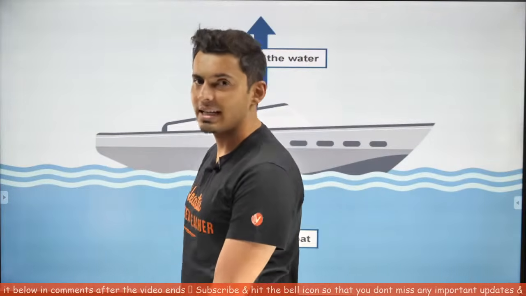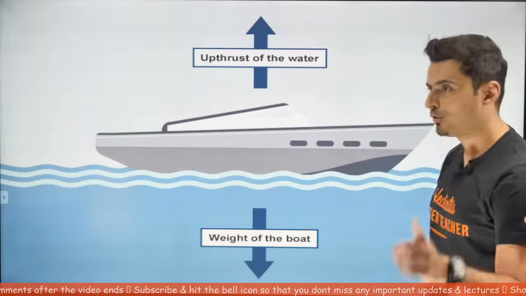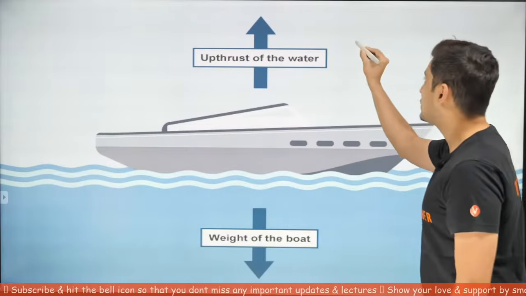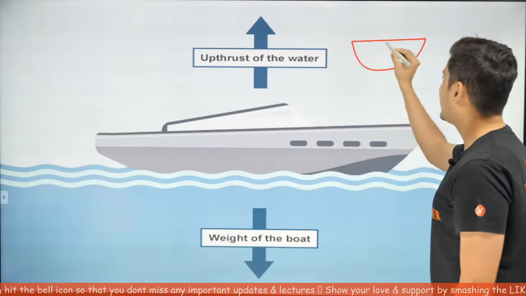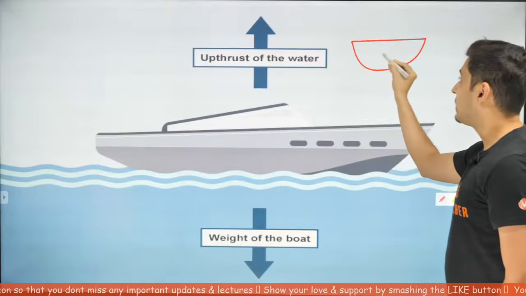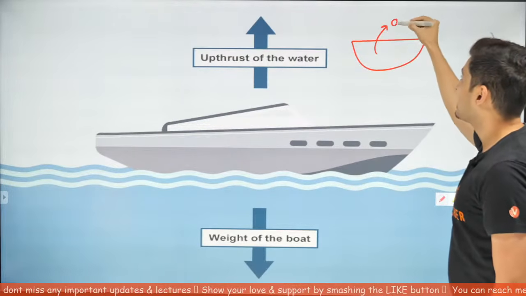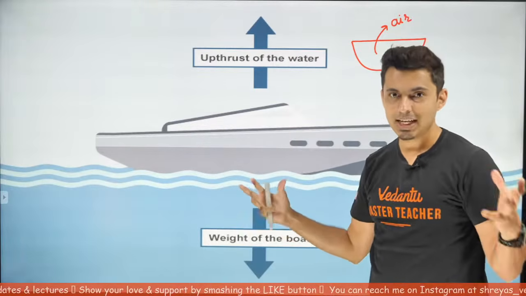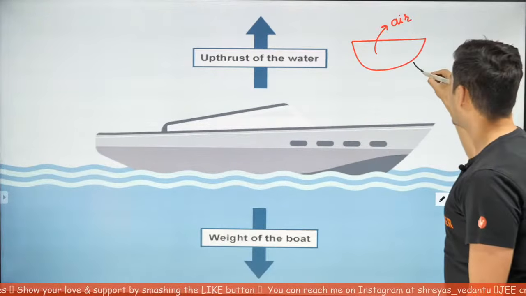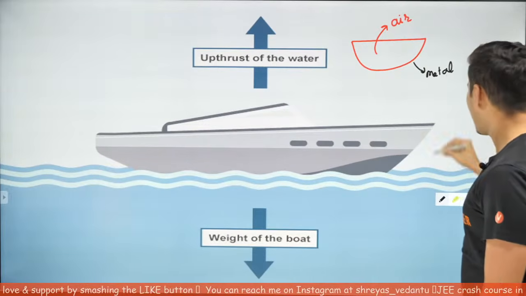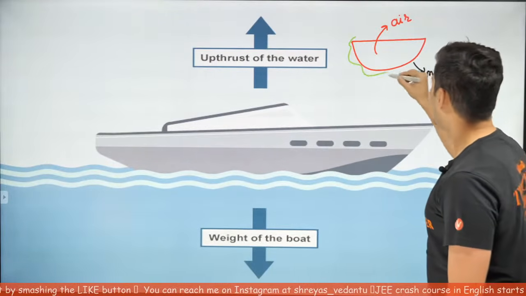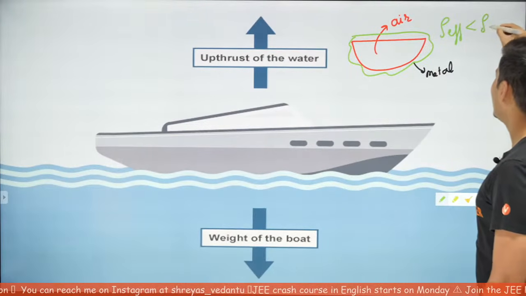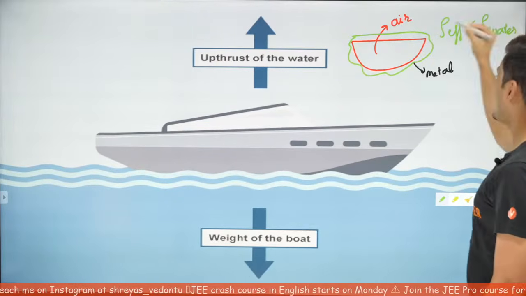Well, the actual reason why ships end up floating in spite of being made of heavy metal is that it's not completely solid. See, if this is the boat, this is not solid. There is air inside. It's hollow. Most of the ship is hollow, right? So even though it is made of metal, the effective density comes out to be less than the density of water because of the hollowness.